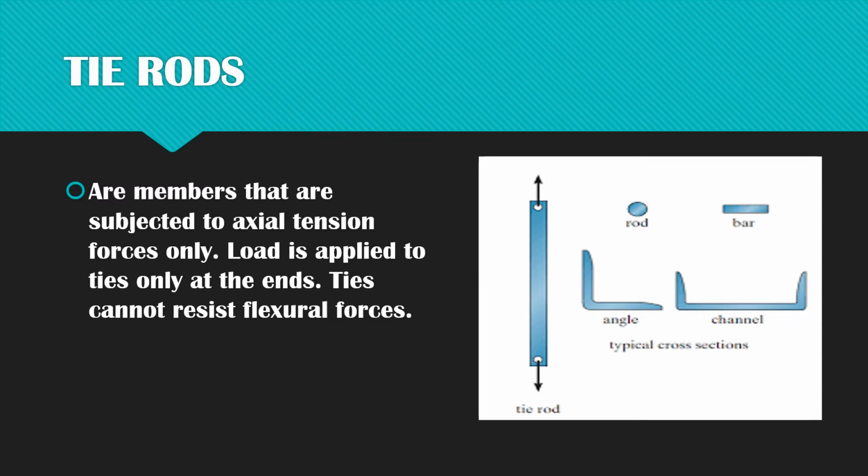As you can see in the picture, it is subjected only to tension forces. It is often used in steel structures such as bridges, industrial buildings, towers, tanks, and etc. It is made of steel and is also known as tension bars.